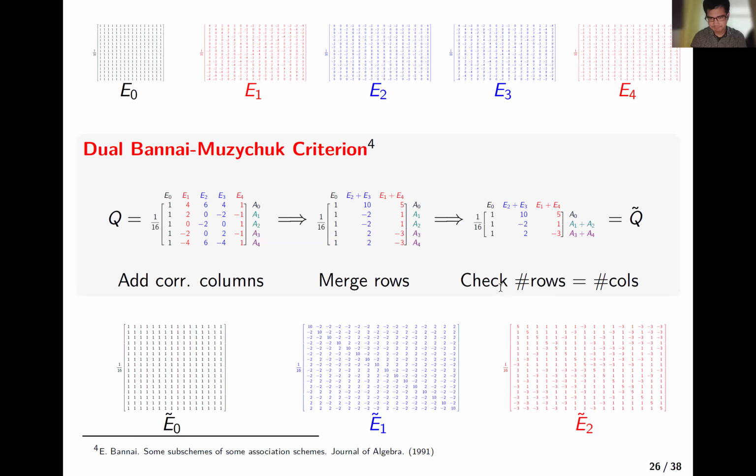And with this method, we actually get as bonus information which idempotents we've fused together, which adjacency matrices we should fuse together. And this matrix that we got as an end product is actually the change of basis matrix of our fusion association scheme. So we get all of that information through this technique, or through this dual Banai-Muzychuk criterion.